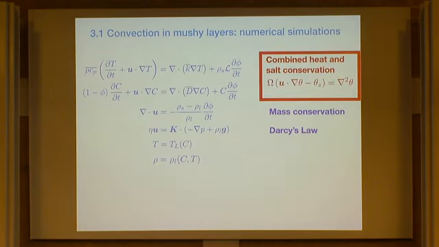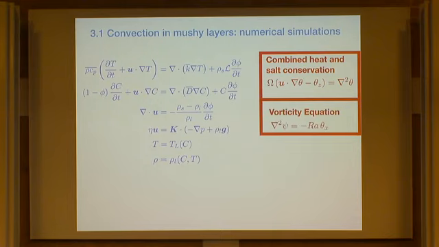So we can combine these first two equations together, at least in some limit, into this combined heat equation, or effective heat equation, where omega is some effective heat capacity which is enhanced by the latent heat release. I've replaced the time derivatives with z derivatives moving in a frame with the interface.